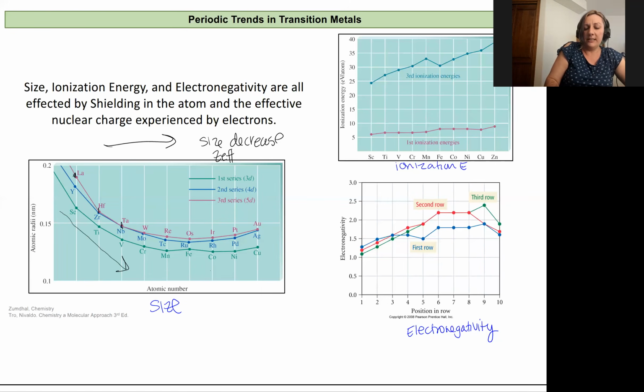But then we really see that trend level off, and we don't see much change across the later half of the transition metals, especially for the first row. And if you look at the second and third row, you actually see a little bit of an increase in size. And so as we're increasing that Z effective across the periodic table, in the case of the transition metals we're also increasing the amount of shielding.